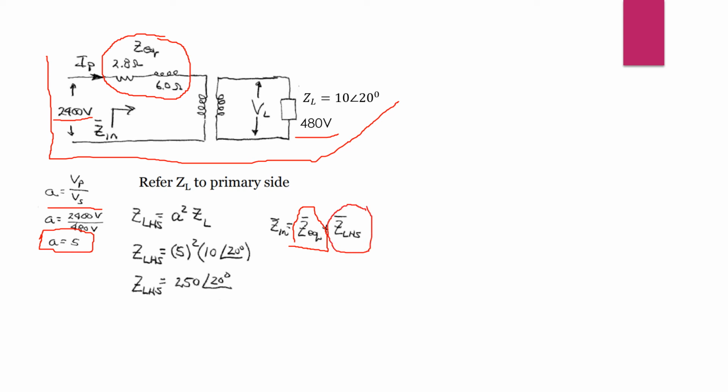To find it, we have a formula: Z load high side is equal to A squared times Z load. So Z load high side is equal to 5 squared times 10 angle 20 degrees, and we get an answer. Z load high side is equal to 250 angle 20 degrees.